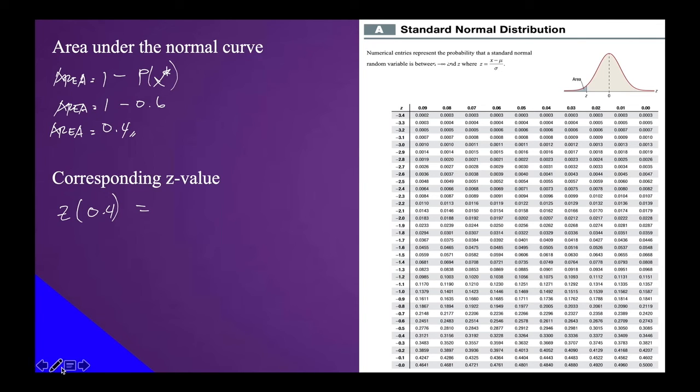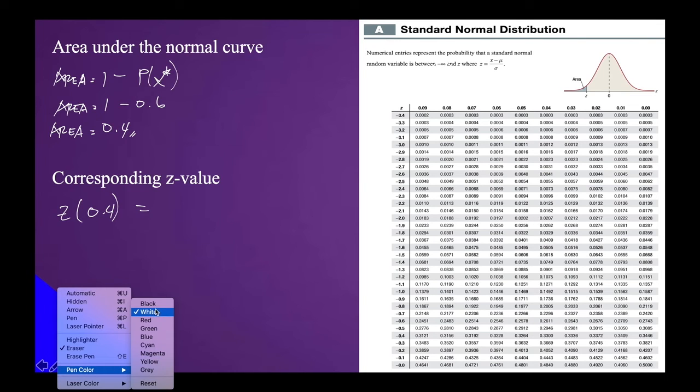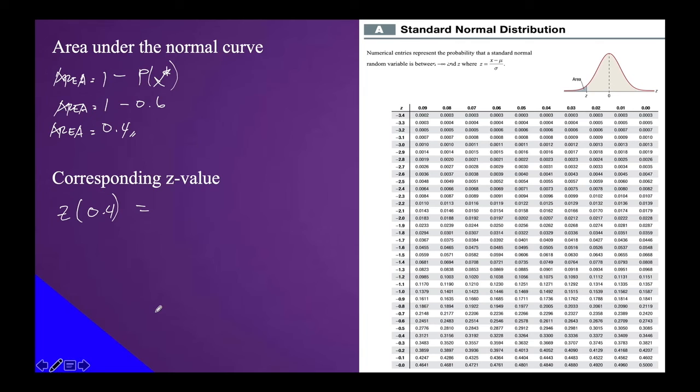Ito yung gagamitin natin. Yung galing doon sa pinaka kaliwa, from negative infinity to z value, na ang z value is not on the right part of the normal distribution, but rather on the left part. Since hindi tayo umabot ng 0.5, our area under the normal curve is only 0.4.